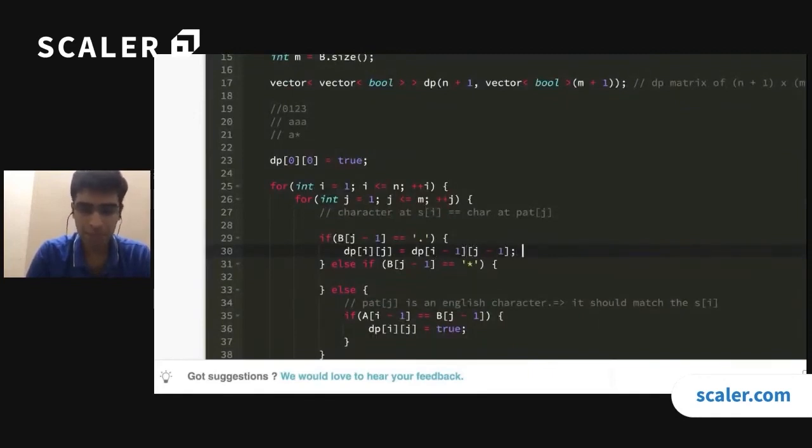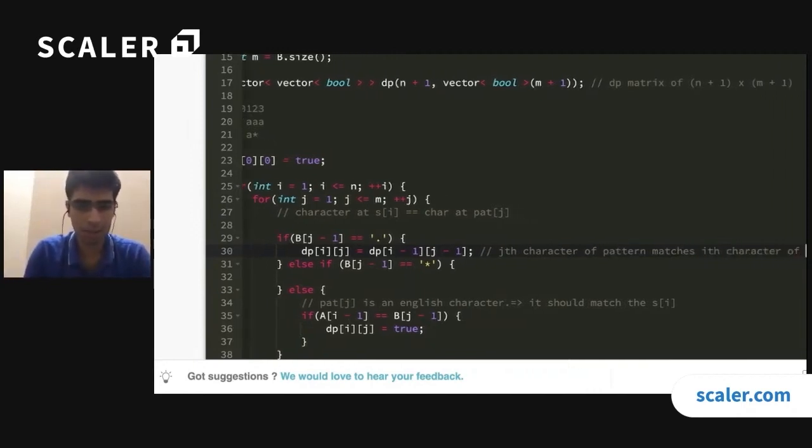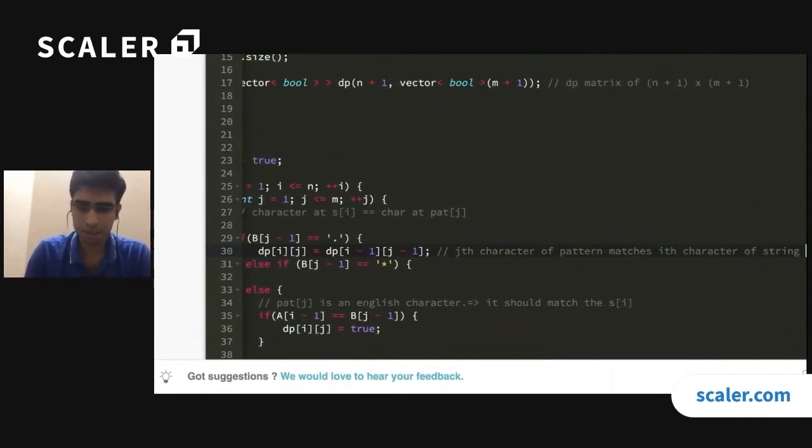What this means is, the jth character of the pattern matches the ith character of the string. Suppose the jth character of the pattern matches the ith character of the string, then basically I have to see if whatever characters were there in the pattern before the jth character match whatever the string was before the ith character. Okay, nothing else.